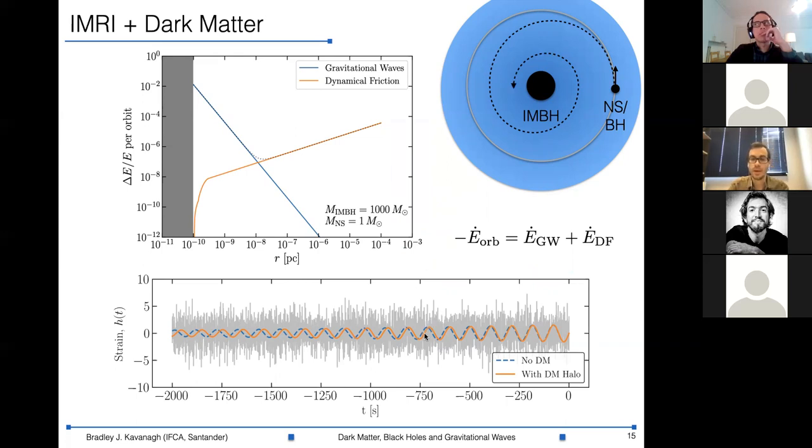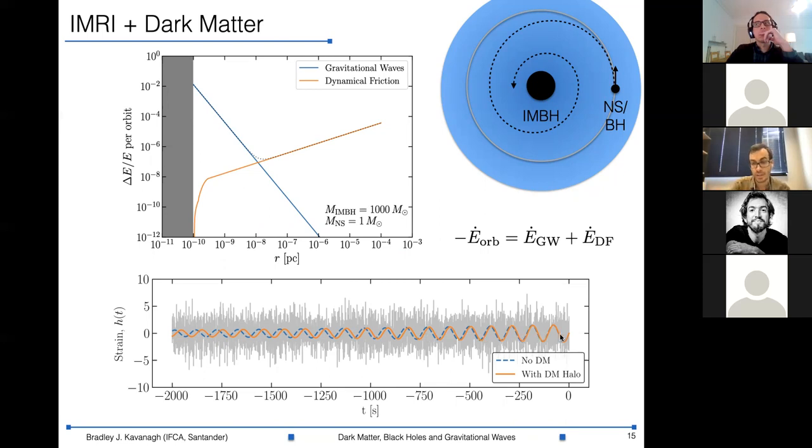In practice, looking at the gravitational wave strain, what you would find is that the system accumulates phase at a different rate. What I mean by that is, in some ways, observing gravitational waves is just about counting how many times this system orbits, and how quickly it orbits. If you have an extra source of energy loss, then the orbits happen more quickly.